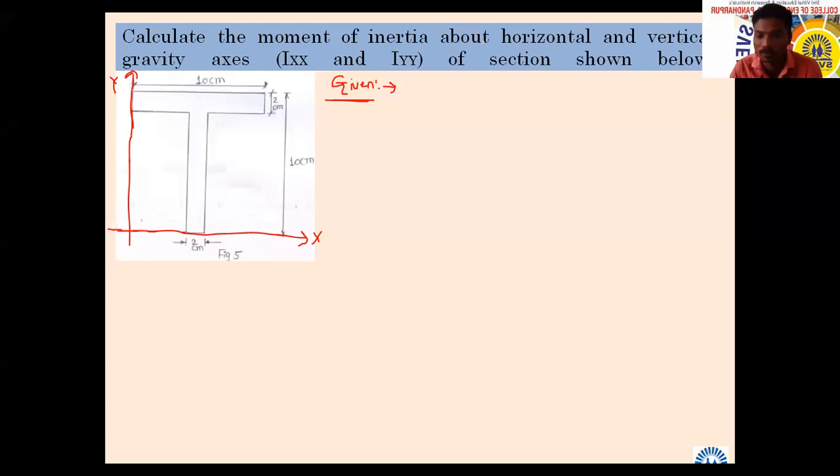It may happen sometimes, for example, suppose one of the diagrams is something like this. It is symmetrical, suppose 10, 10. This one is 40, and this one is suppose 60.